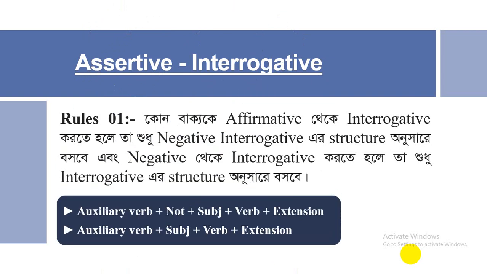So there's the structure. The first one: auxiliary verb plus not, plus subject plus verb, then extension. The second one: auxiliary verb plus subject plus verb plus extension. The first structure will fit affirmative to interrogative, and the second will fit negative to interrogative.